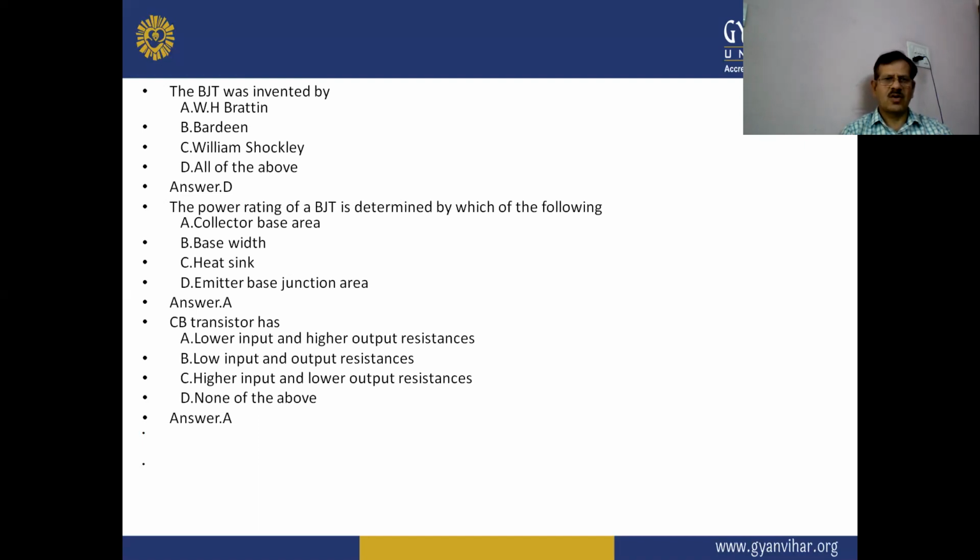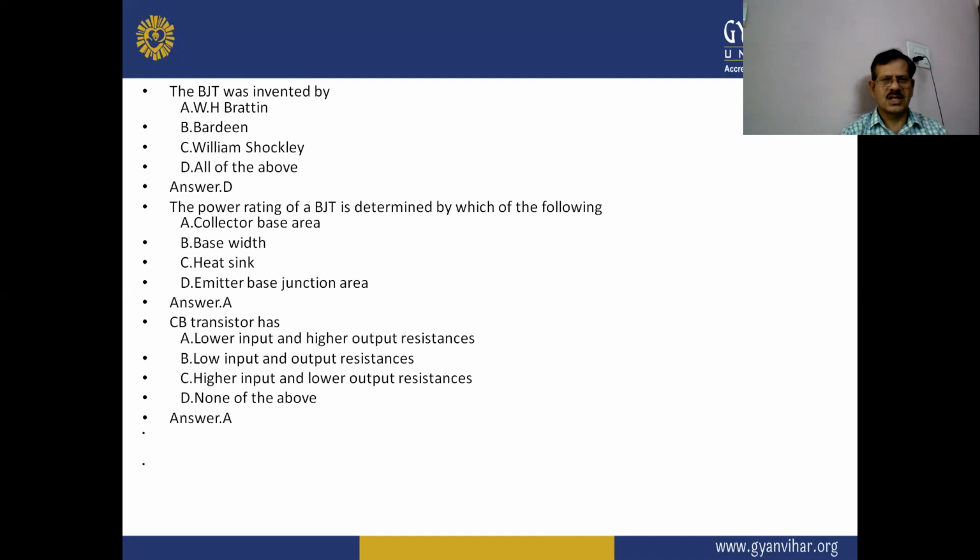Option A, in common base transistor, lower input and higher output resistance. Option B, low input and output resistance. Option C, higher input and lower output resistance. And option D, none of these.